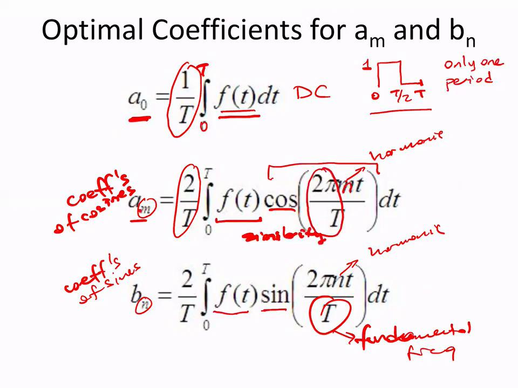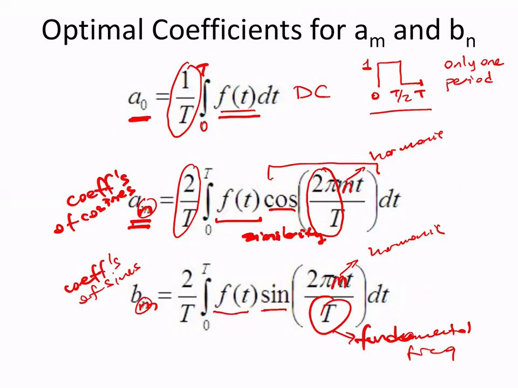This should be N, this should be M. I'm changing N and M, and then finding the coefficient. The coefficient shows the similarity between my signal and that cosine at that particular frequency, okay?